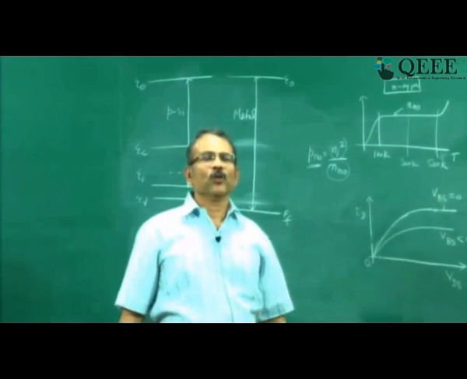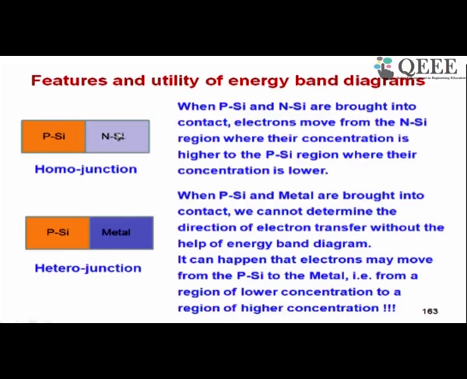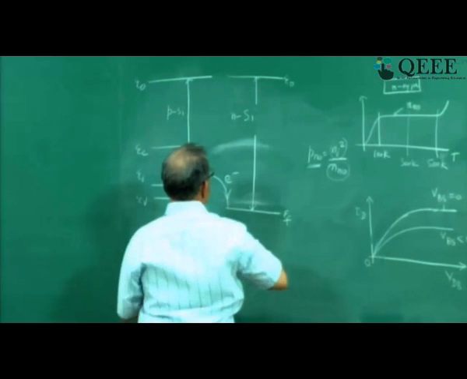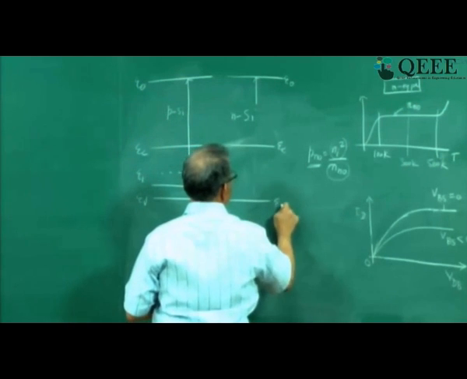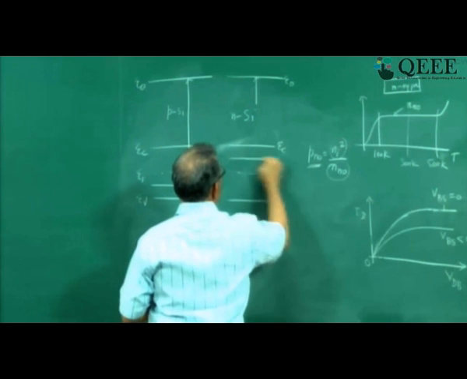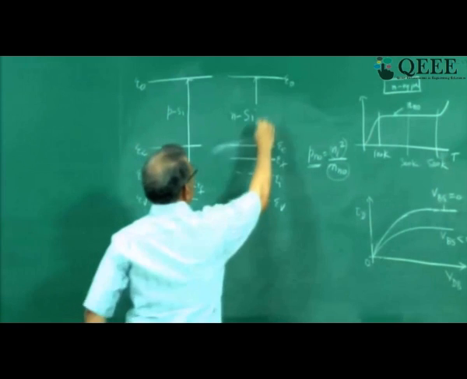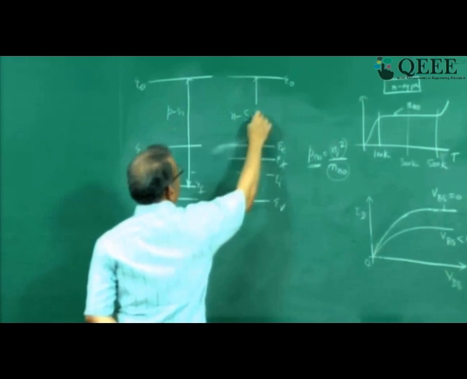Now you will say, so why not use the energy band diagram for a homojunction also? That is the first case. Well, you can use it, and the result will be whatever you predict from concentration. So if I were to replace this by n-type silicon, then your picture will be as follows. N-type silicon Fermi level is higher than Ei. The difference between E0 and EC on both sides will be the same because both are silicon, right?